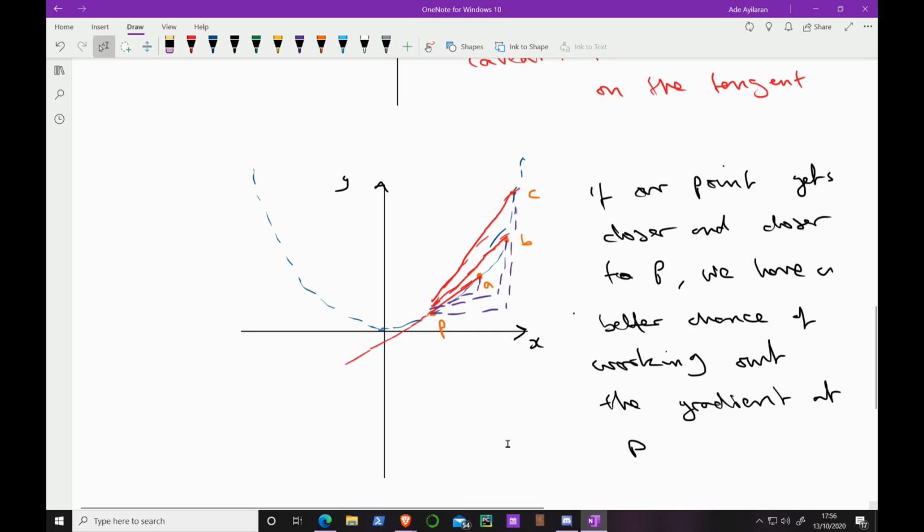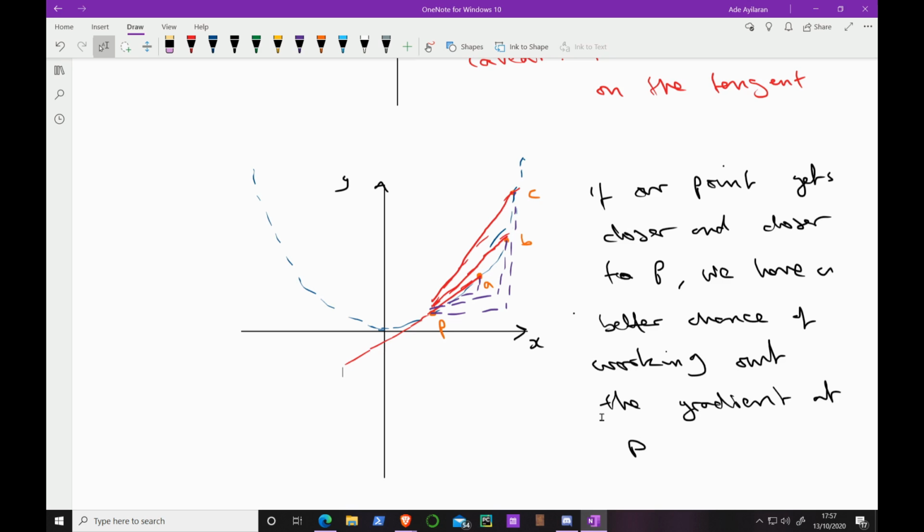So the whole idea of the first principles of differentiation is choosing a point that is a very tiny distance away from the point at which we are trying to find the gradient.